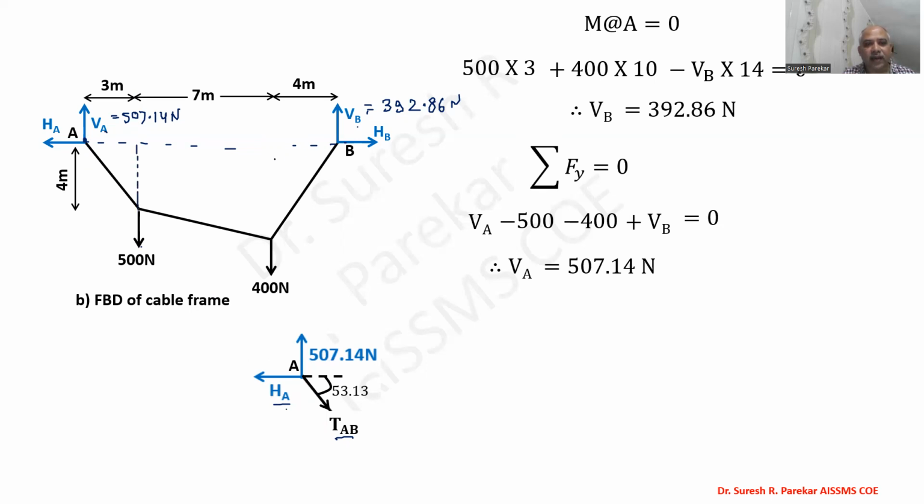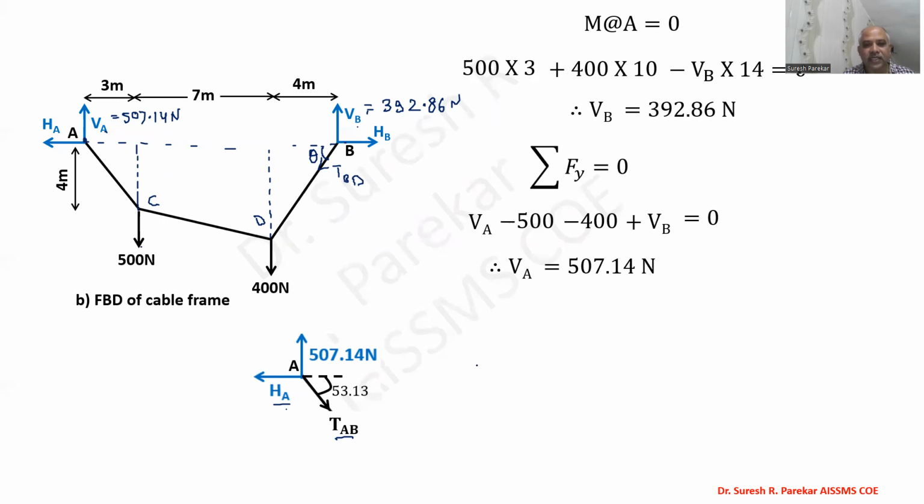We cannot take joint B because we do not know this distance. So we cannot find this. Here we have 3 unknowns. We have theta unknown, tension TBC unknown. So let us say we have C and D, so we have TBD unknown and HB unknown. But at A we have only 2 unknowns.